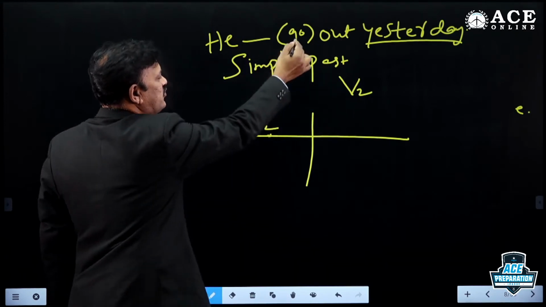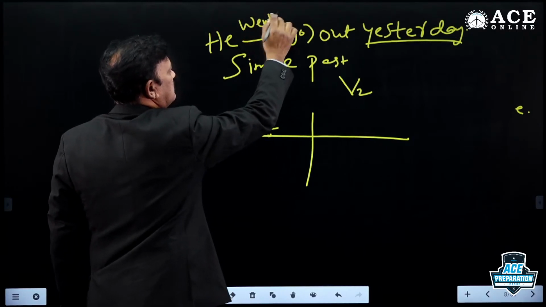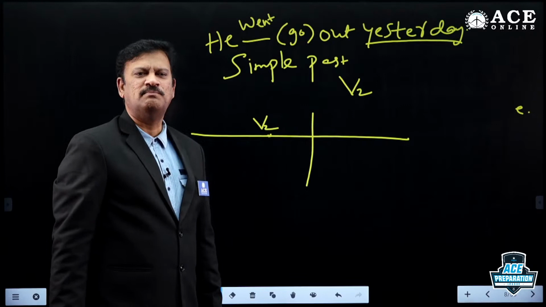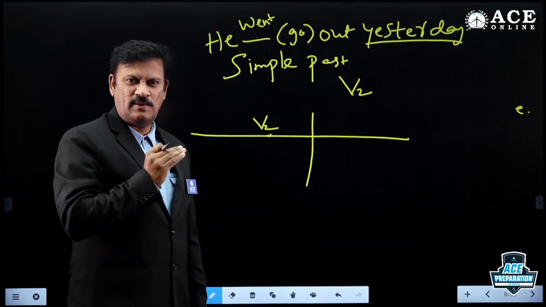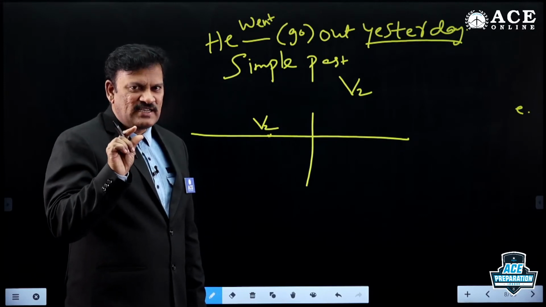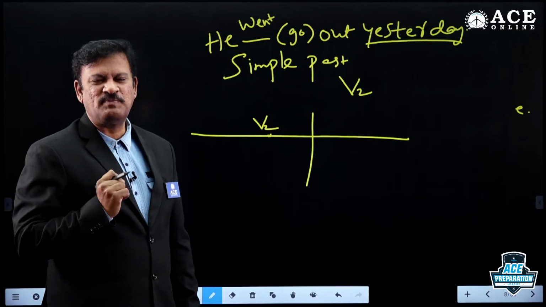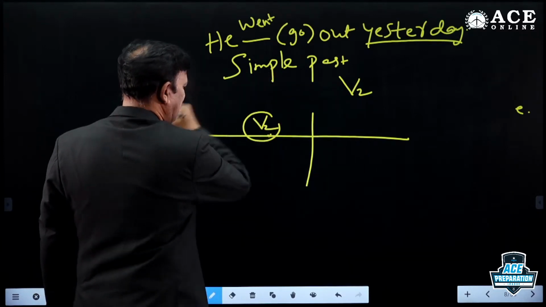And what is the V2 form of go? Went. That's it. Very, very simple. Simple past means simple sentence with past. Simple sentence with past means one action in the past. That's it. Fine.